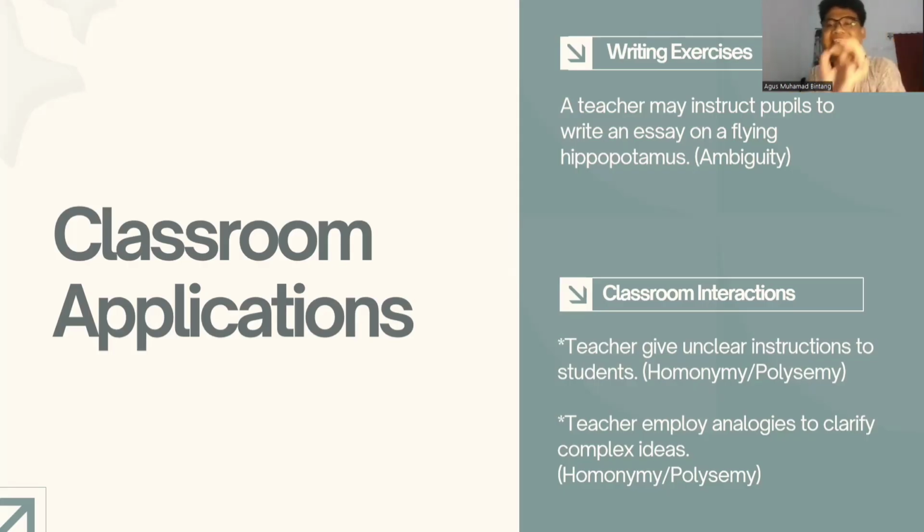That's why it could be an example of polysemy. Second, teachers can employ analogies to clarify complex ideas. For example, when the teacher talks about grammar, the teacher can use a horse as an analogy. A person who uses good grammar can be represented by a horse that is big and has good qualities, or something like that.